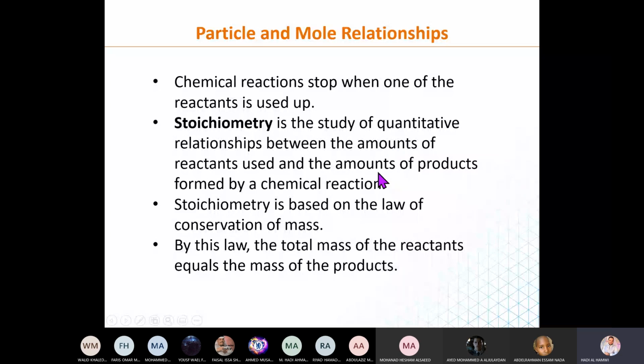We said that the chemical reaction will stop when one of the reactants is used up. Stoichiometry depends on the law of conservation of mass, which states that mass is neither created nor destroyed, it's conserved. So the mass of the reactants equals the mass of the products.